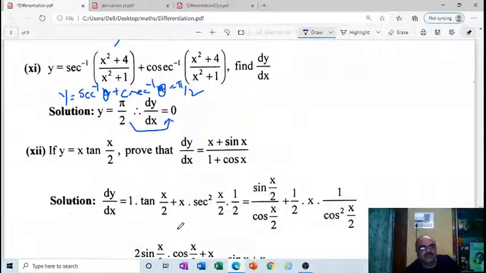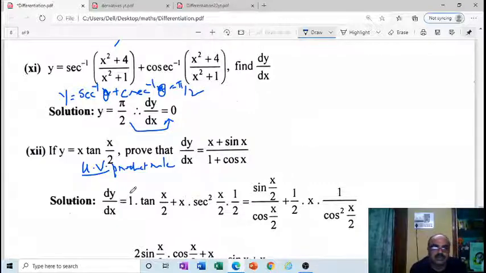Y equals x into tan x by 2. Friends, we use product rule here. So what is product rule? v into u dash plus u into v dash.